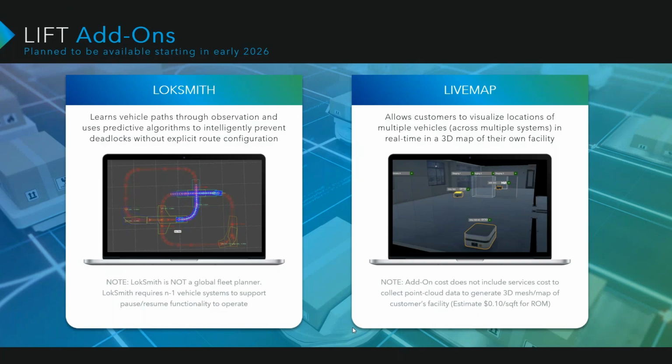It is a deadlock avoidance and collision avoidance engine. One thing to note is that we've taken a somewhat unique approach to others in the market. Locksmith is not a global fleet planner. We perform all of this avoidance using predictive modeling of the pathing, as well as only needing pause and resume commands to manage that interoperability.